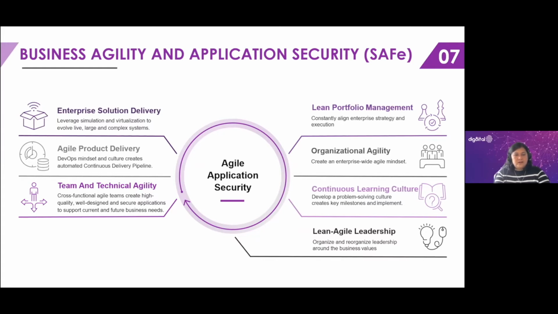When you achieve that, then you could have an agile product delivery as well, because you have a DevOps mindset, you have a culture to create an automated continuous delivery pipeline. And that's what you could leverage to achieve an enterprise solution delivery as well.